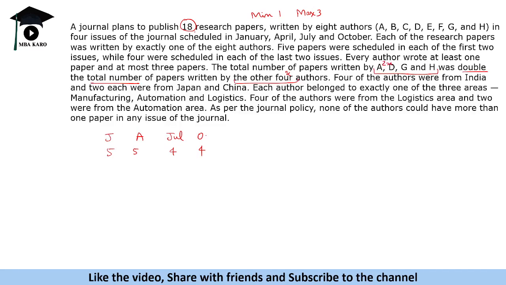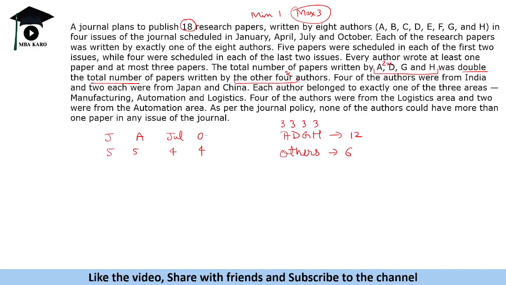So total 3X is 18. So that means A, D, G, H collectively wrote 12 and others wrote a total of 6 research papers. Now another thing that we can get from this is we are given that maximum 3 are possible. So that means A, D, G, and H all wrote 3 papers each.